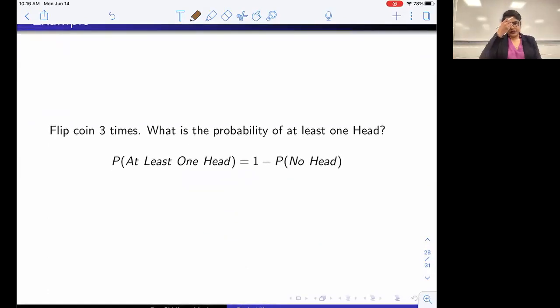Let's say in this example, we are flipping a coin 3 times. What is the probability of at least one head? If I ask you to do it in a normal way, in the first trial I'm looking for a head, in the second trial I'm looking for a head, and in the third trial I'm looking for at least one head.